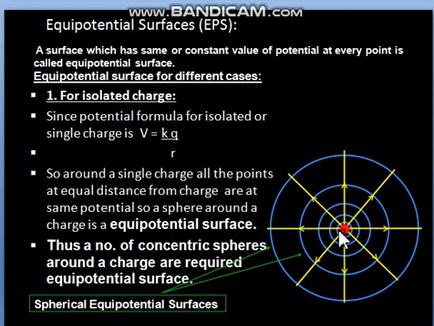But electric field lines will be inwards in case of negative given charge. This way we can draw both the diagrams for the given charge, electric field line and equipotential surface. So this is electric field line and this is equipotential surface for the single charge.